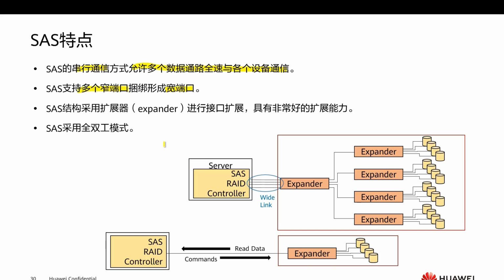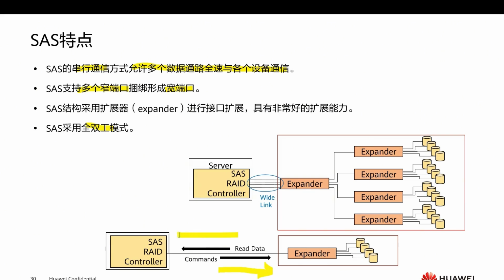SAS uses a full-duplex communication mode. Full-duplex is bidirectional communication, so it is not one-way. Traditional parallel SCSI can only communicate in one direction. When a device receives a data packet from parallel SCSI, if this device needs to respond to this data packet, it needs to wait for the previous link to be disconnected, then establish a new communication link.